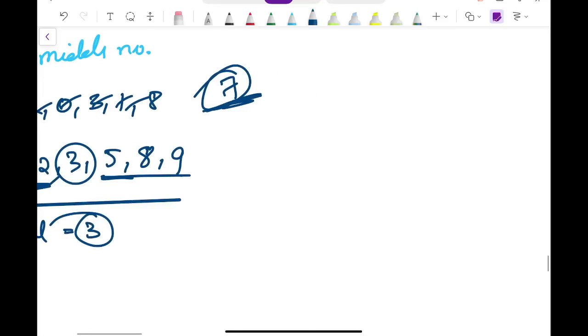So let me just take another example: 5, 3, 6, 2, 1, and 7. First we need to arrange our terms in ascending order. So how do we arrange?